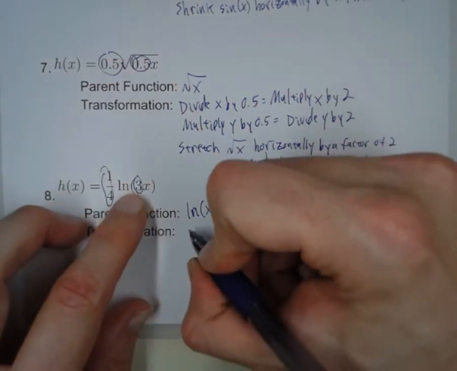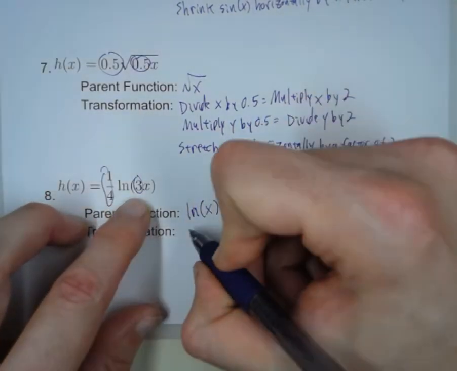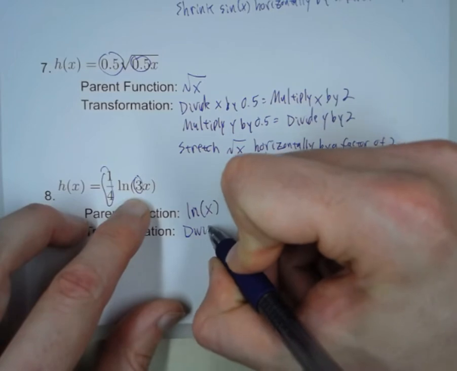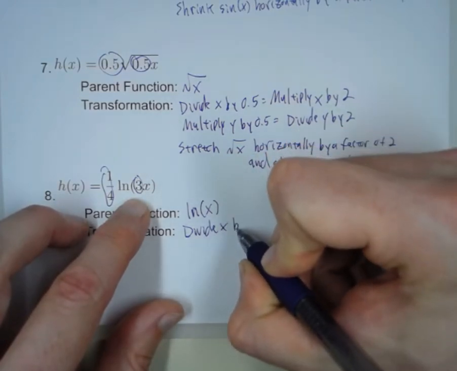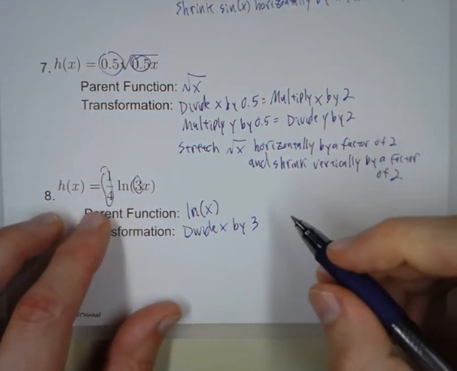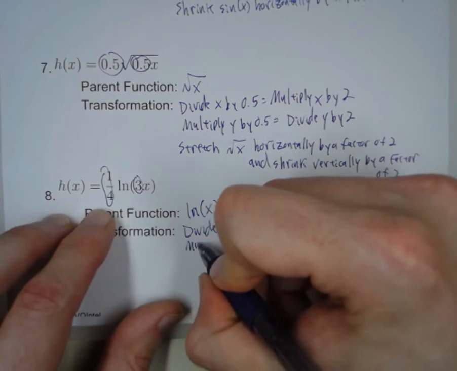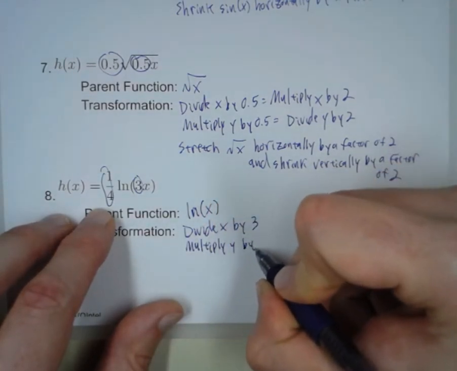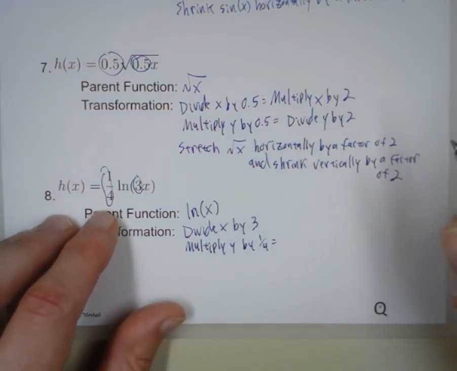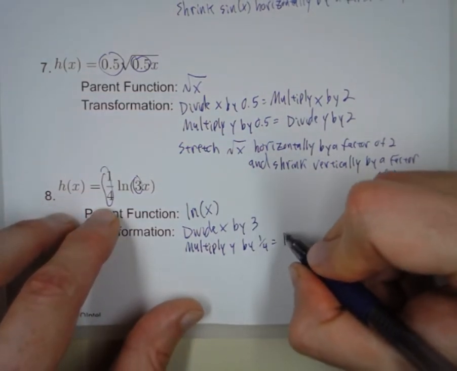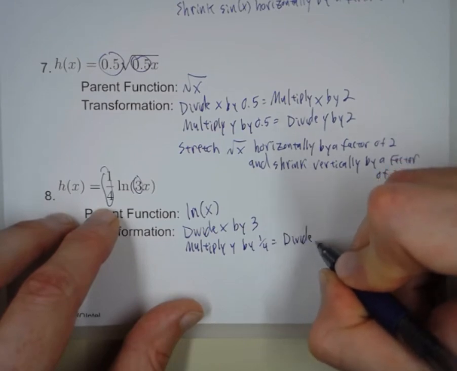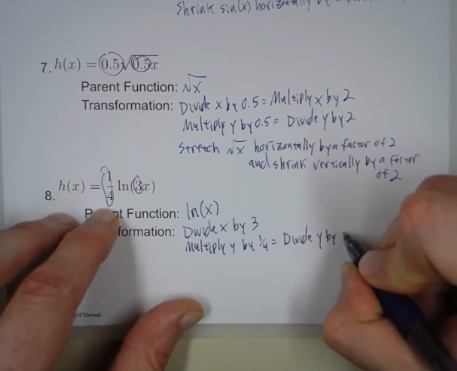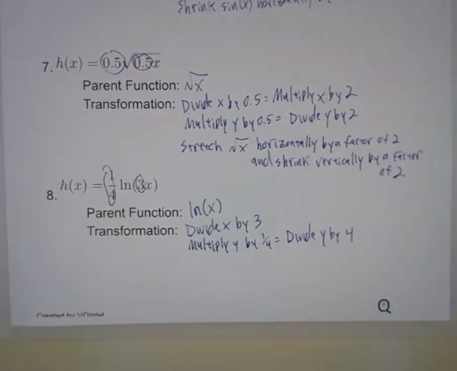So here, the 3 means I'm going to divide x by 3. And here, I am multiplying y by 1/4. But again, some people don't like the fraction, so instead you could say divide y by 4. Same outcome.